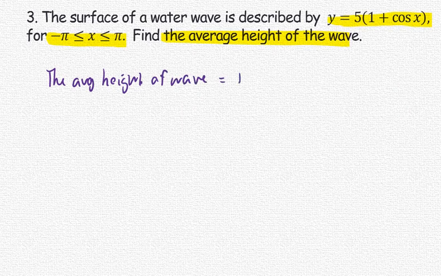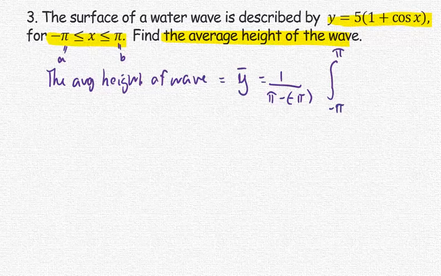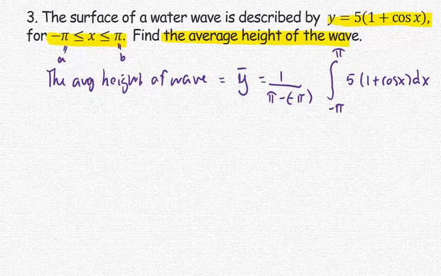equals, let's use the term y bar, equals 1 over b minus a. The a is negative pi, the b is pi, so pi minus negative pi is the denominator, and then multiply by the definite integral from negative pi to positive pi of the function, which is 5 times 1 plus cosine x with respect to x.